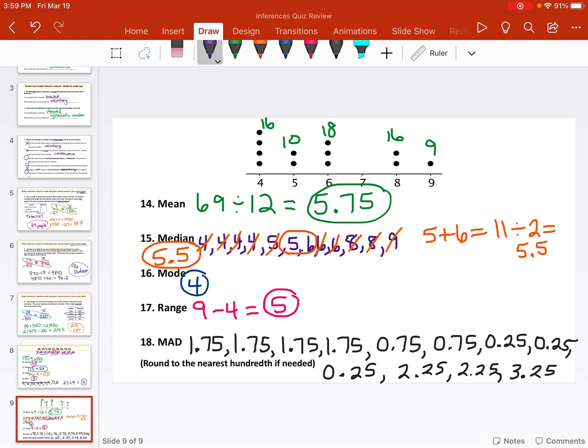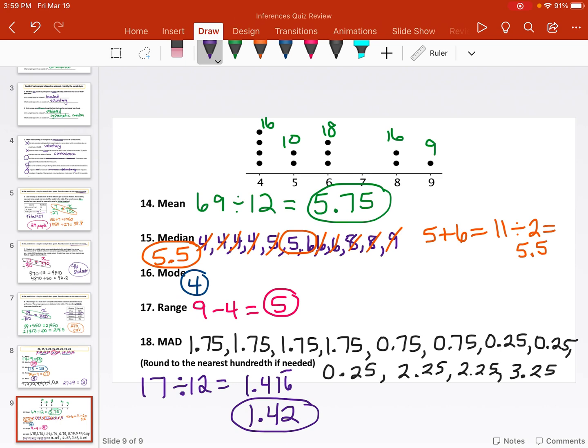Okay, when I added all those things up, I got 17, and then I can divide it by how many dots there were, which was 12. 17 divided by 12 gives me 1.416 repeated. It says round to the nearest hundredth, which would be 1.42. Your MAD is 1.42. That is it.